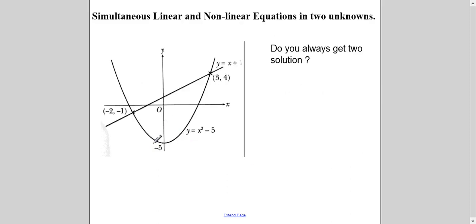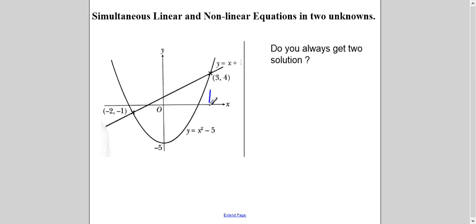Before going into the algebraic solution, let's see graphically what it means. You can see this is the line of a linear equation, y equals x plus 1, and this is the curve of a non-linear equation, y equals x square minus 5. When the power of x or y is more than 1, it is a non-linear equation. When you plot both, one a straight line and one a curve, they meet at points.